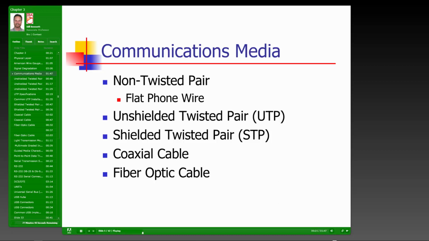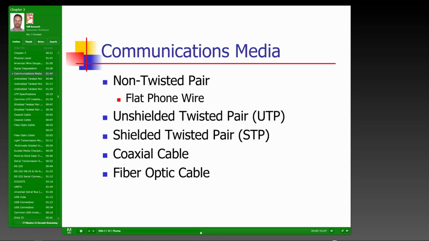In a copper-based network, the copper wire is the media that connects the devices together. In a fiber optic network, the fiber optic cable is the media. And in a wireless network, it's actually the air between the devices that carries the radio waves that is the media.